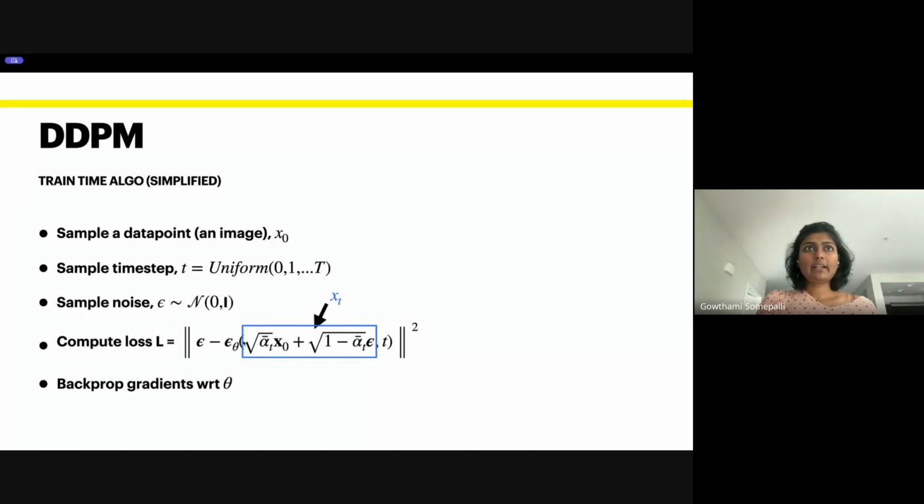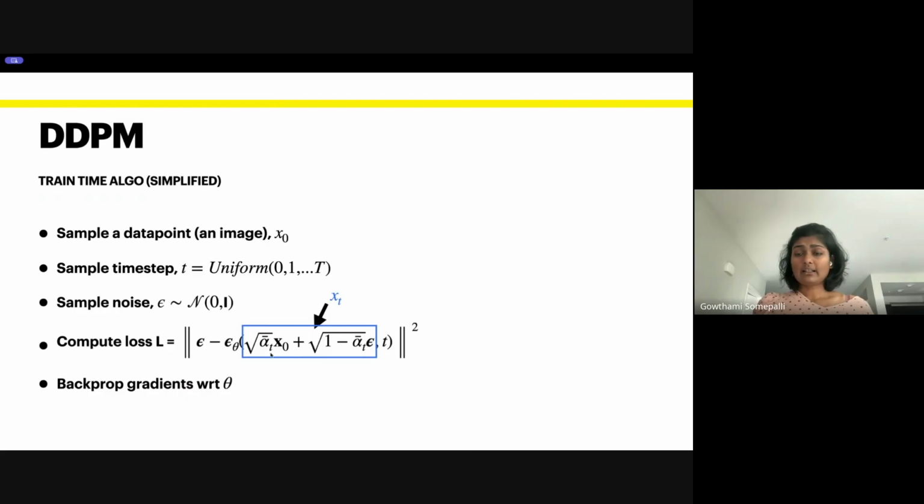The first thing we have to do is compute xt, which we can do in analytical form, because this is what we defined: xt is the input image scaled by a time dependent constant, plus another scaling times this Gaussian noise.